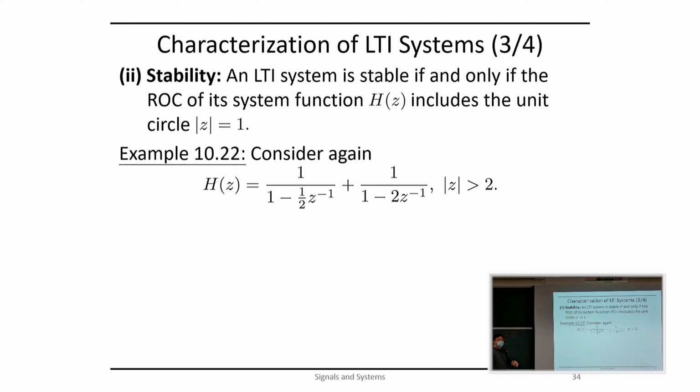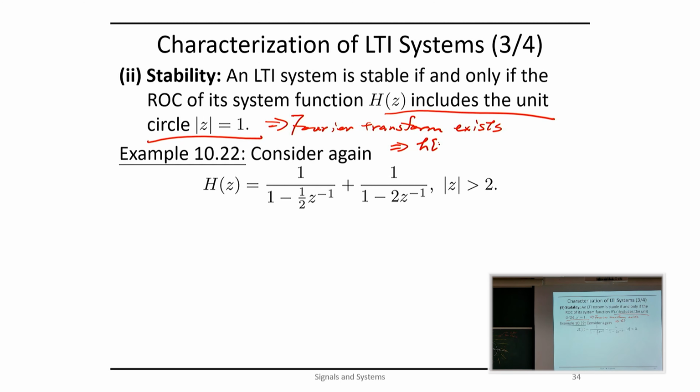And this is because if it includes the unit circle, then the Fourier transform exists and therefore h[n] is absolutely summable.